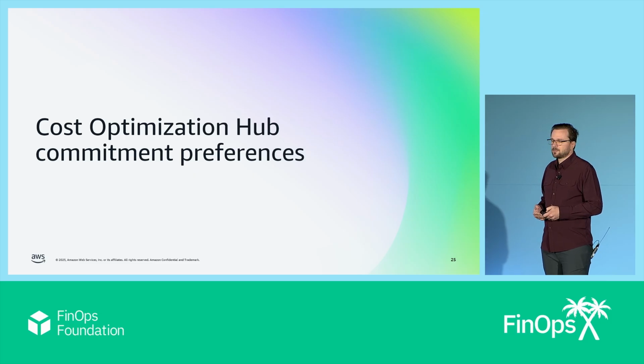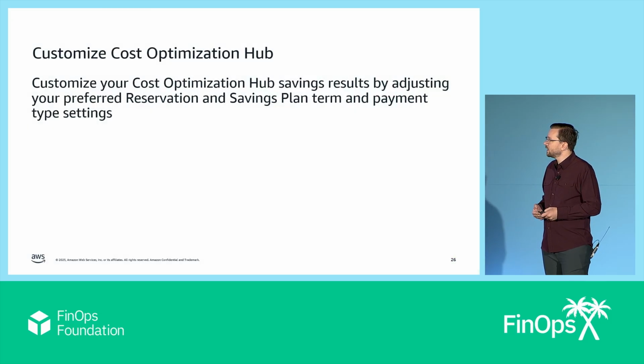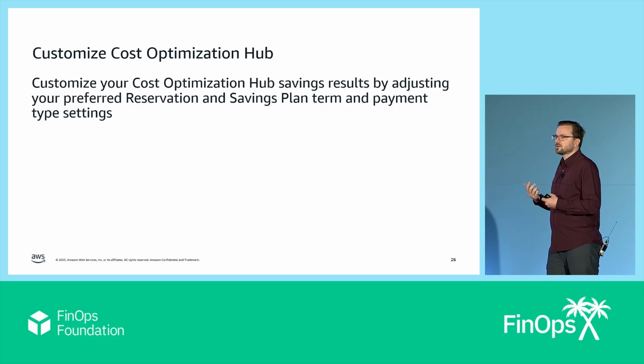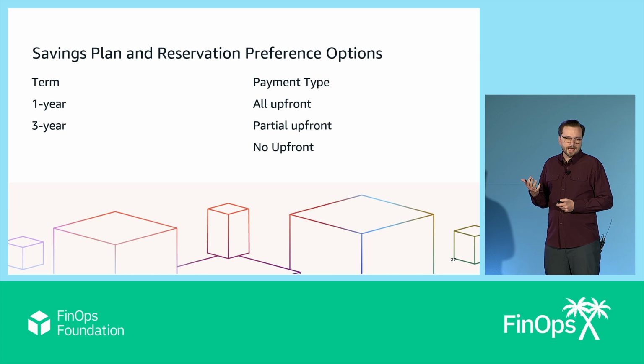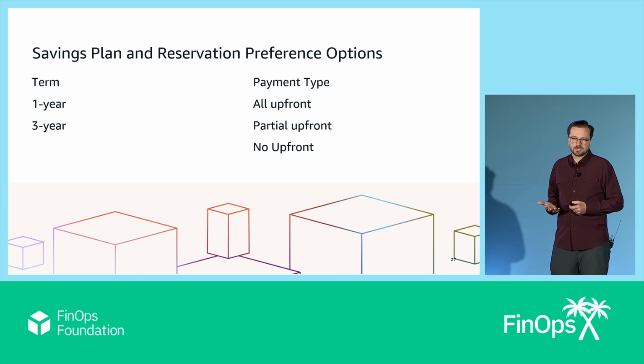So in the Cost Optimization Hub, as of last Thursday, you can now customize your commitment preferences. What this means is you can go into the Cost Optimization Hub and set a default approach to what sort of commitment purchases you'd like to see summarized and totaled up in the hub. So you can now select term and payment type options.